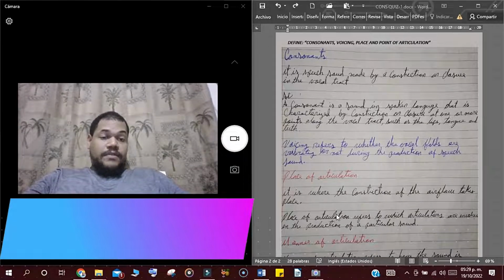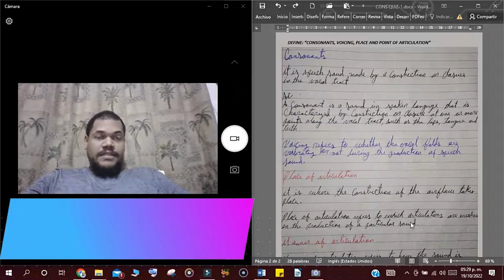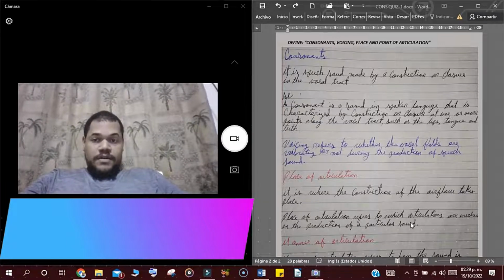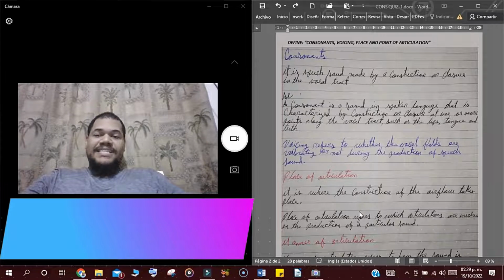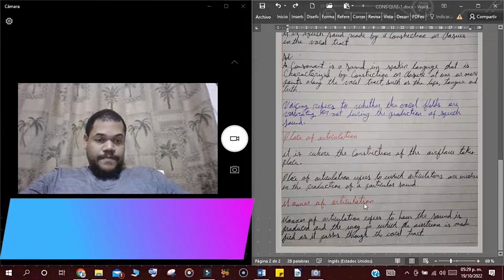A place of articulation refers to which articulators are involved in the production of a particular sound. For example, if you say time, this phoneme is articulated at the alveolar ridge, and so it is alveolar.